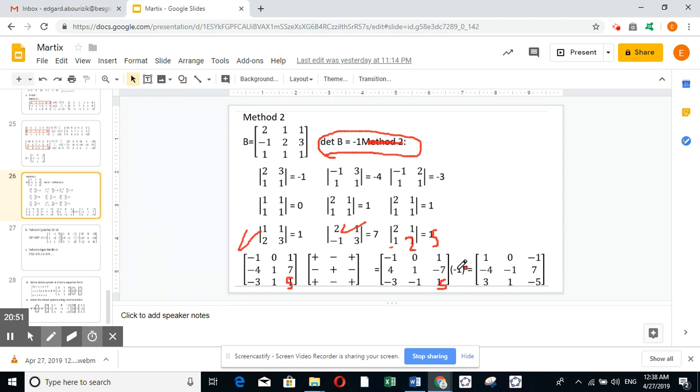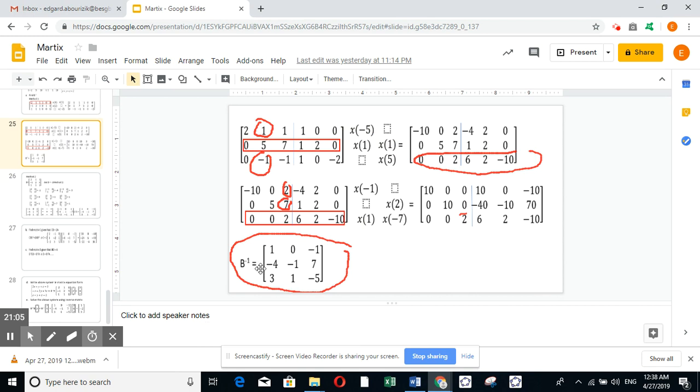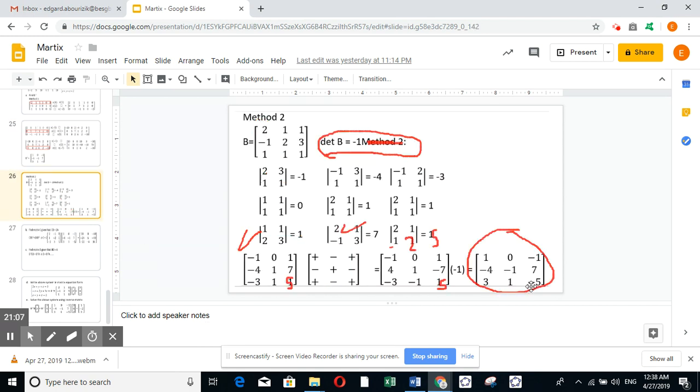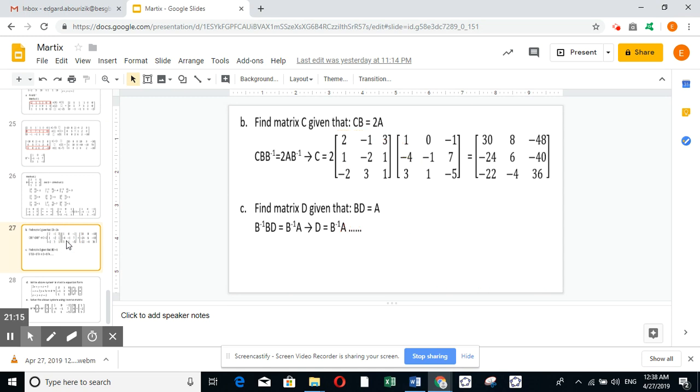I multiply it by minus, what do I get? 1, 0, minus 1, minus 4, minus 1, 7, 3, 1, minus 5. So this is the inverse matrix. Let me check it with the one I did up there. As you can see, 1, 0, minus 1, then minus 4, minus 1, 7, 3, 1, minus 5, the same answer.